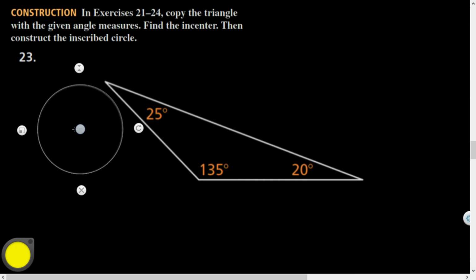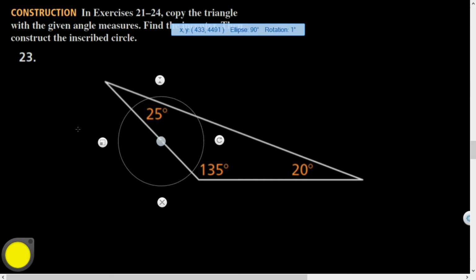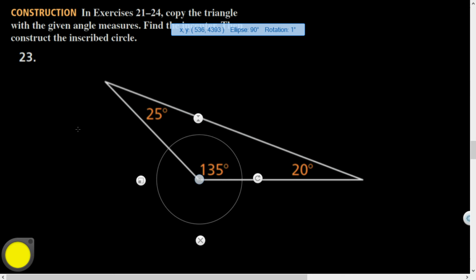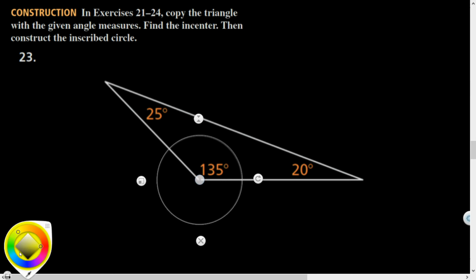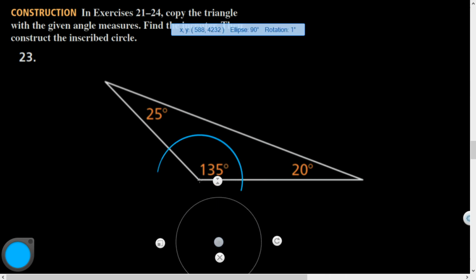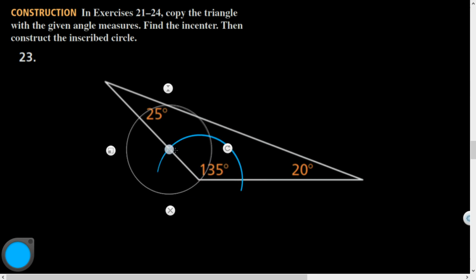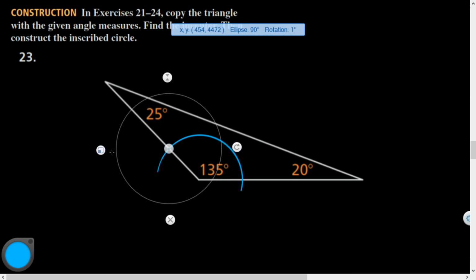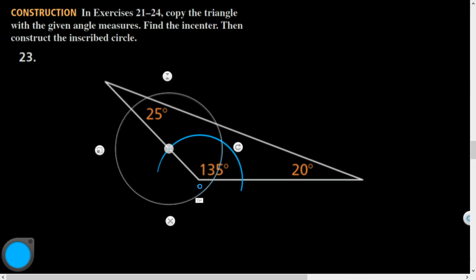So it says find the incenter. The incenter is going to be the intersection of the angle bisectors. Whoa, slow there. So let's see if I can create an angle bisector. First thing I've got to create is an arbitrary arc from one of those points. And then using the intersection, I will scale this up so it's at least passing, because I'm expecting a midpoint here.